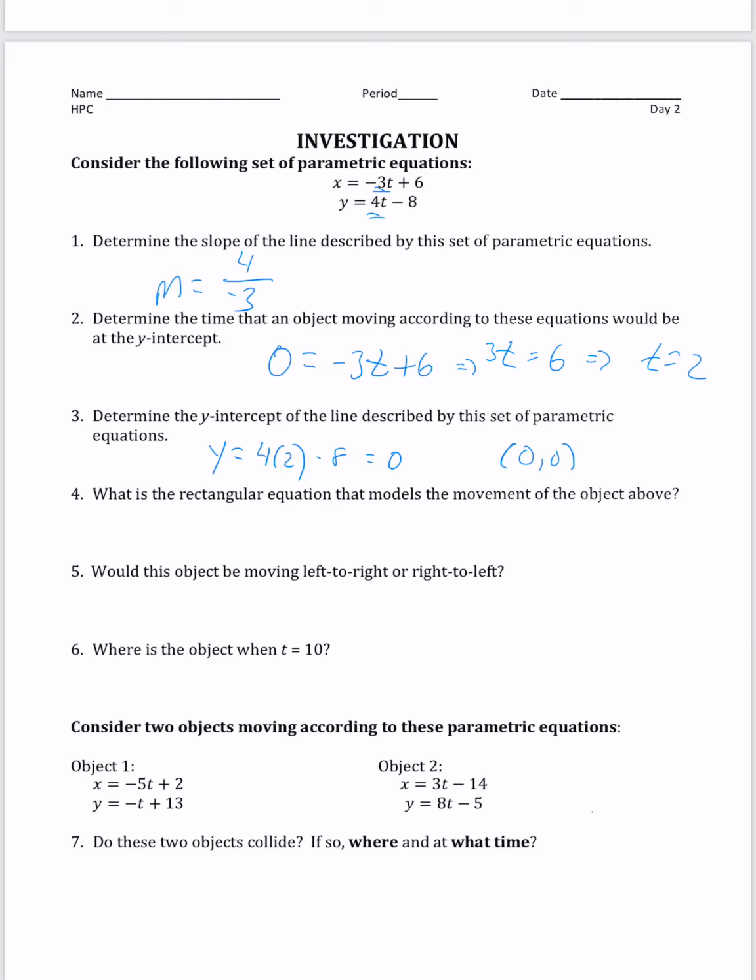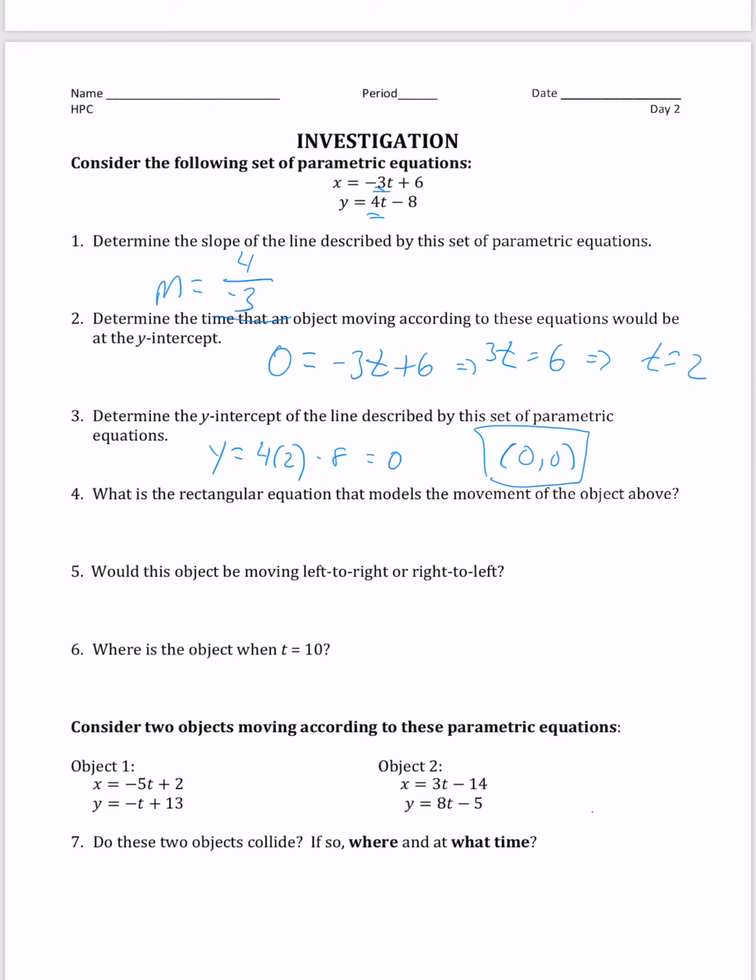Alright, hopefully I haven't lost anybody yet, and that makes sense. So now we want to know what the rectangular equation that models this movement of the object above is. So the rectangular equation is the equation just like you would normally see it, as y equals mx plus b. And we have several different ways that we could go about doing this. We have the x and y value here of the y-intercept.